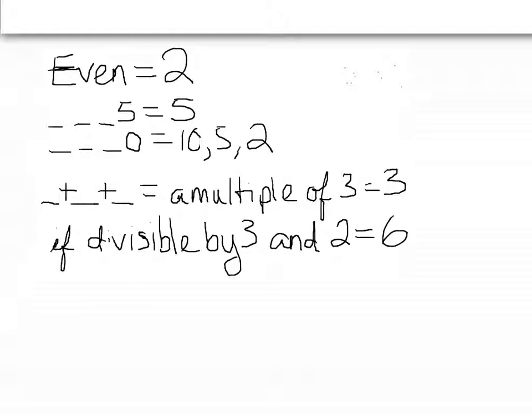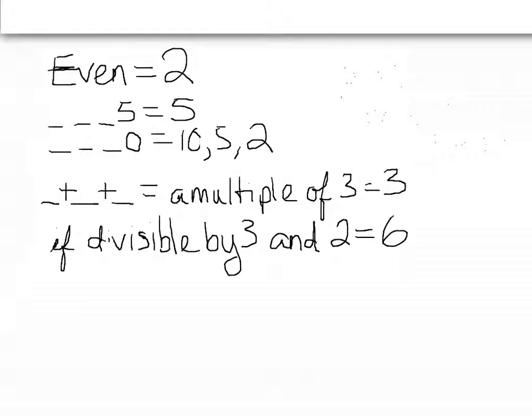So let's say we have 312. If you add these, 3 plus 1 plus 2 equals 6, which is a multiple of 3. 3 times 2 is 6. Since it's a multiple of 3, that means 312 is divisible by 3.